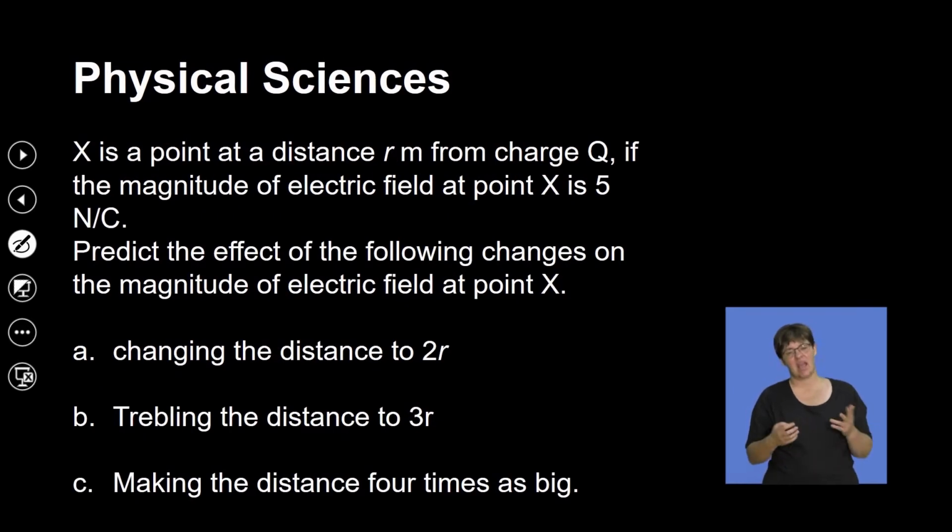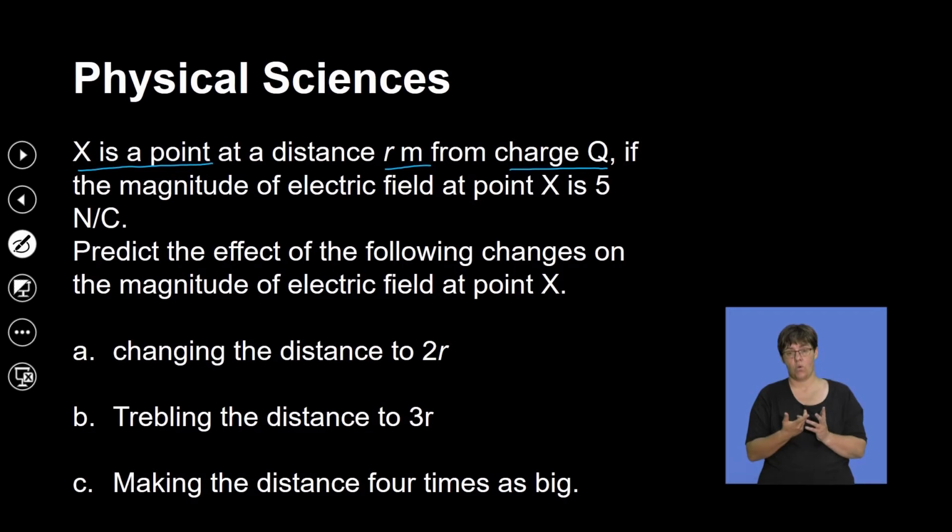Now, say for argument's sake, X is a point. X is not a charge, it's a point. It's very important to make that distinction. It is at a distance r meters from the charge Q. So we've got charge Q, and a point X, which is a distance r from the charge Q that creates the field.